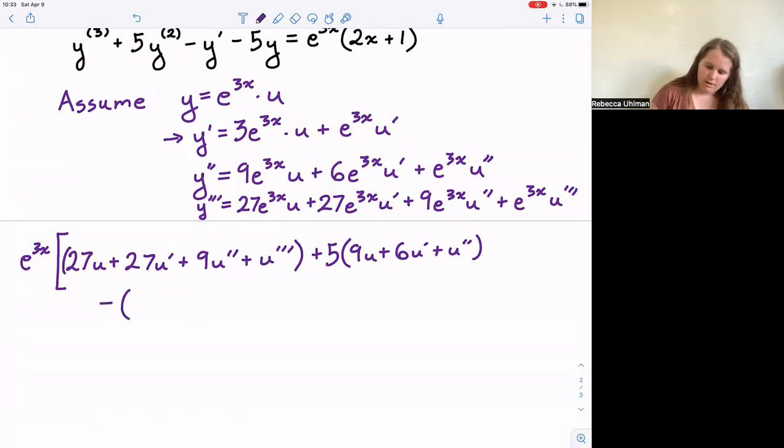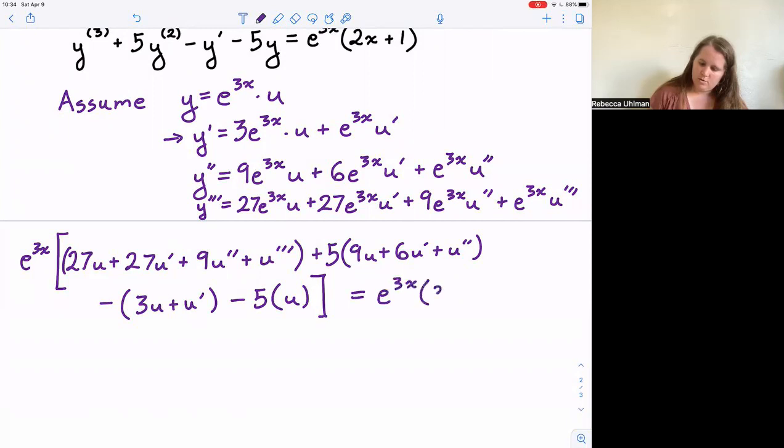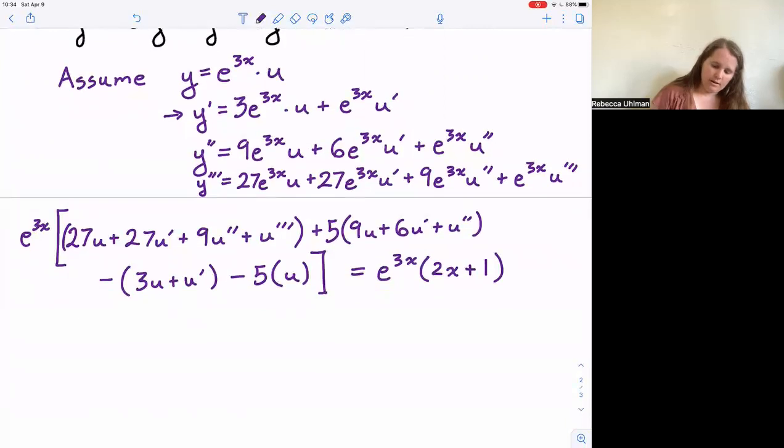Then we have minus 3u plus u prime, and then minus 5 times u. All of this is equal to e to the 3x times 2x plus 1. So we can go ahead and just cancel out that e to the 3x.